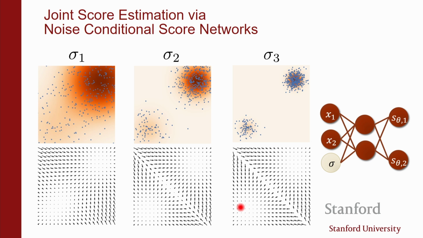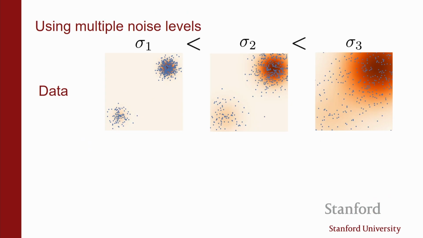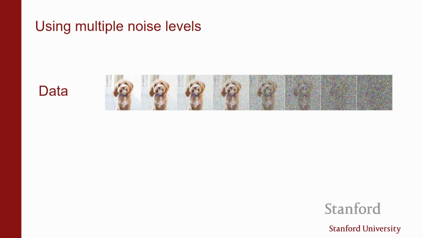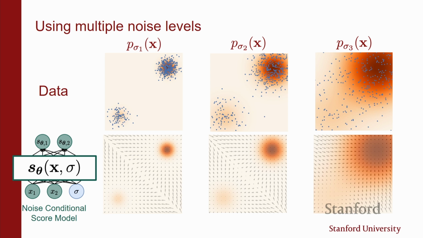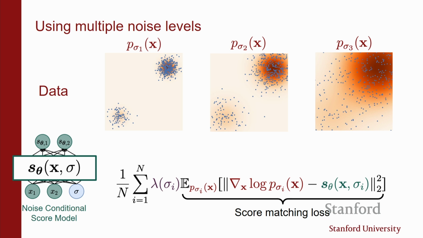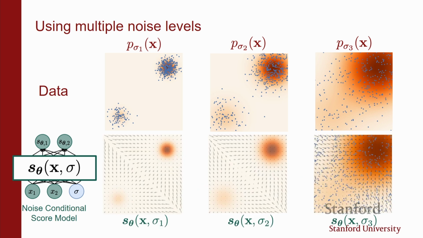And if you can train this model, which you estimate by denoising score matching, then you can do Langevin dynamics, where you would initialize your particles somehow, then you follow the gradients corresponding to the data distribution perturbed with large amounts of noise.